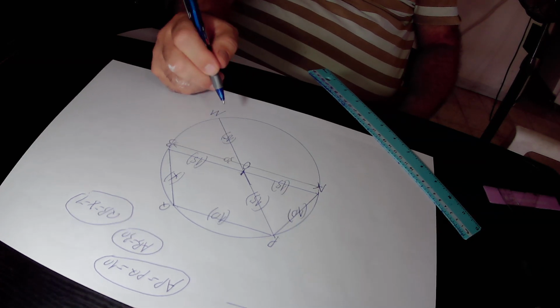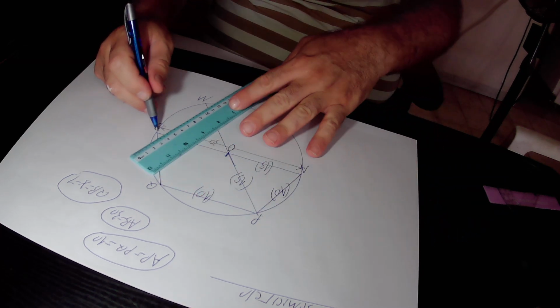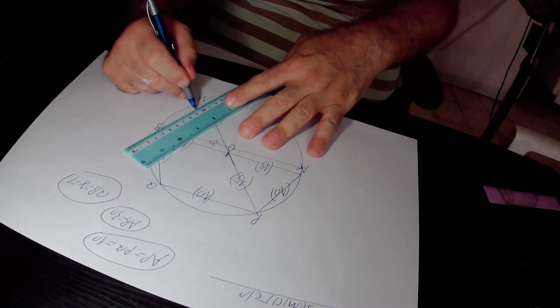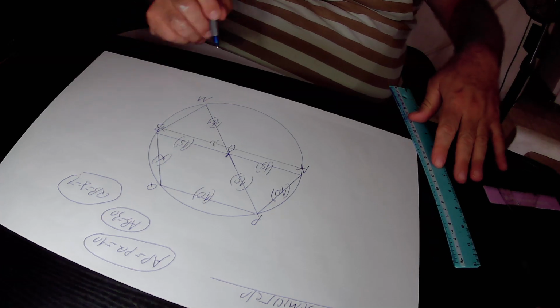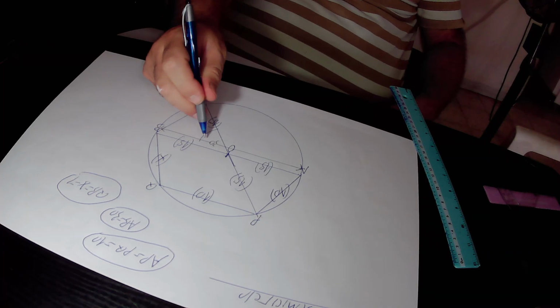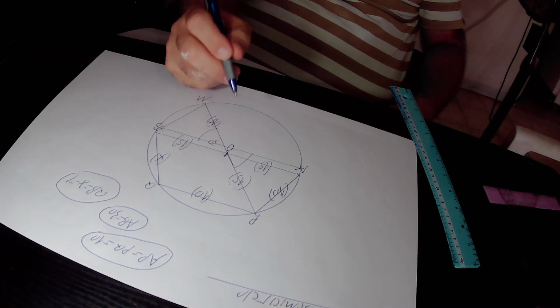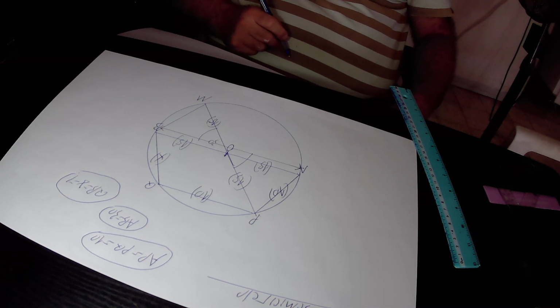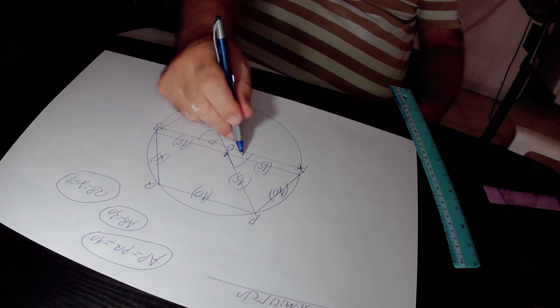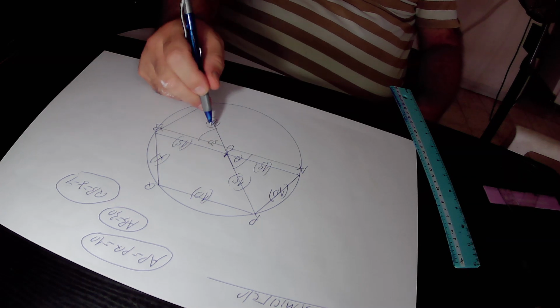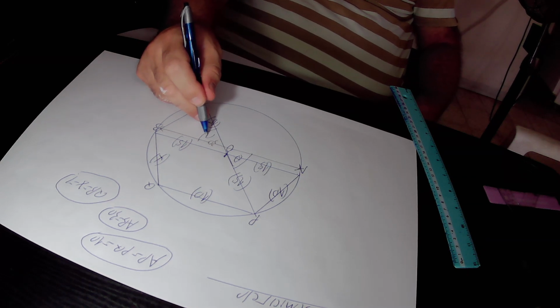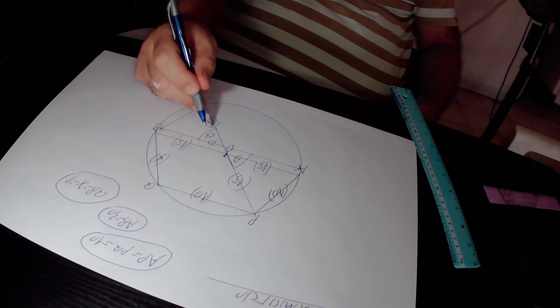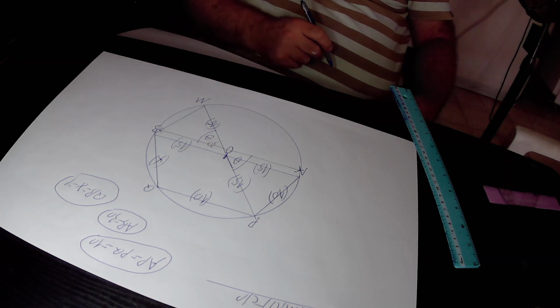In the next step, we will join points M and B together by a straight line. Those two angles are defined as vertex angles, so we know that vertex angles are equal to each other. So this is angle theta, and this angle must also be equal to theta because they are equal to each other according to the rule that I mentioned.